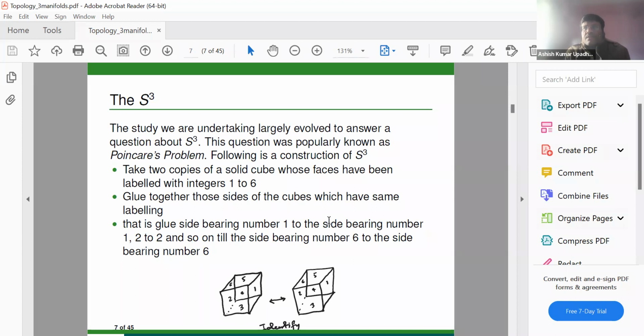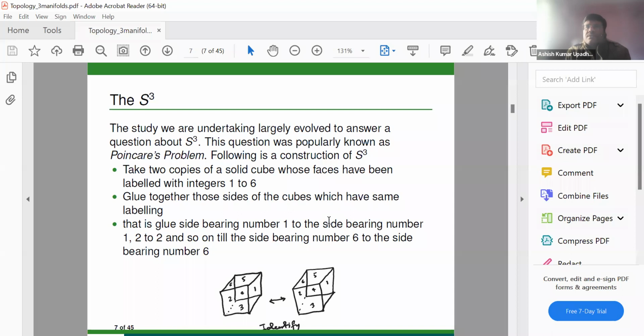Similarly, in the case of dimension 2, you take two discs and blow them so that they take the shape of a bowl. Now identify the boundary of the bowl. When you identify the boundary of the bowl, what do you get? You get a sphere. So in one dimension, identifying two one-dimensional discs gives a circle.